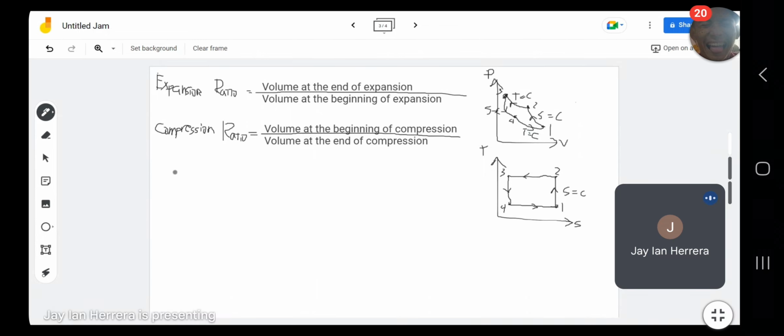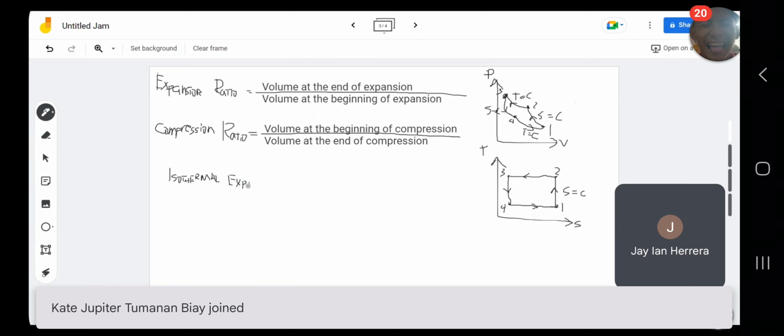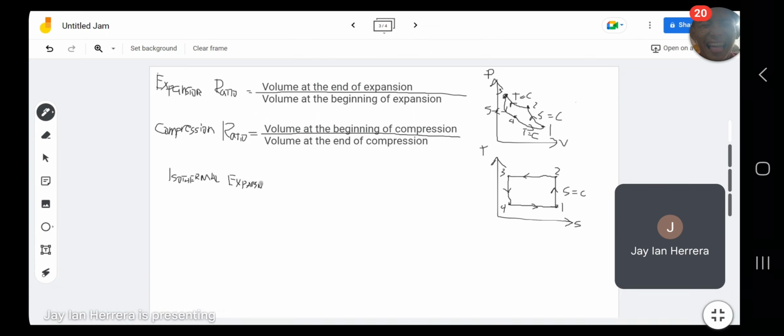So, isothermal expansion ratio: end of expansion all over the volume at the beginning of expansion. So in this case, the end of expansion is at point 1.